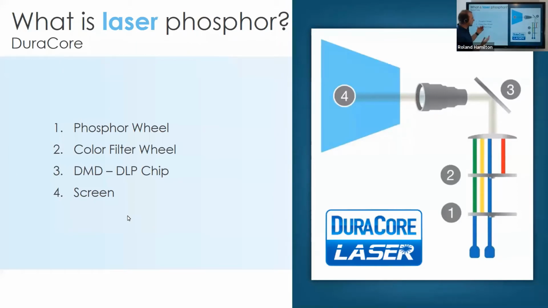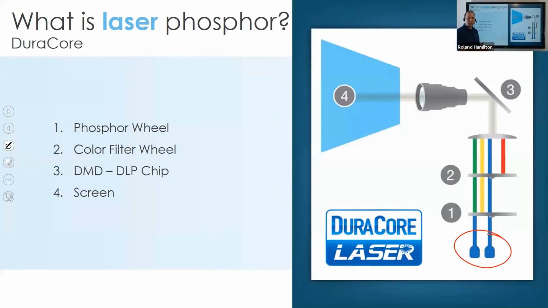So here we see a very simple diagram of the inside of a laser phosphor projector. Right here, these are your laser diode banks here. In the diagram, we've represented them as being two, but in reality, depending on the model, there's anywhere between maybe 12 and 24 laser diodes in there, which is another big difference versus lamp technology.